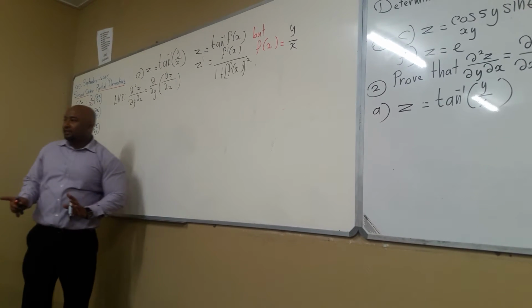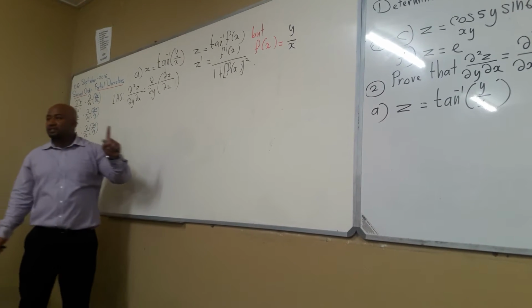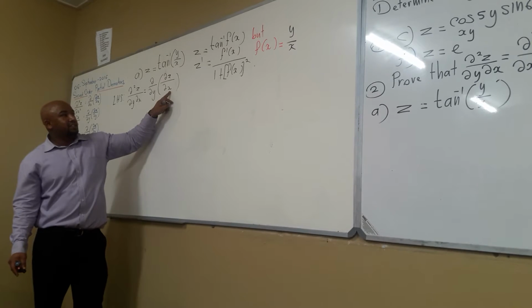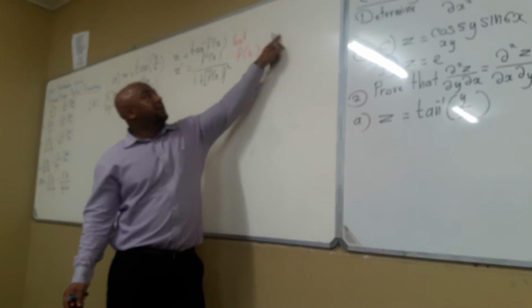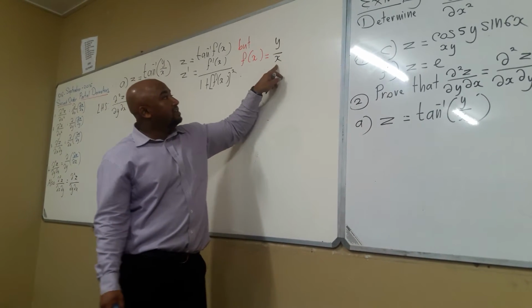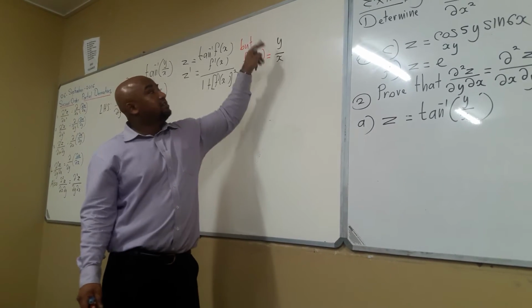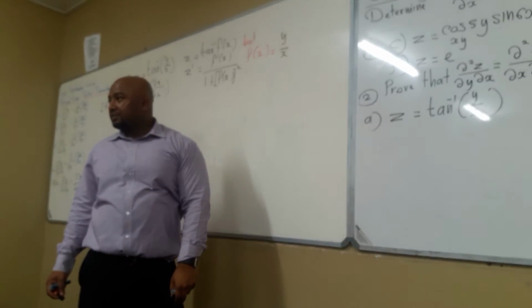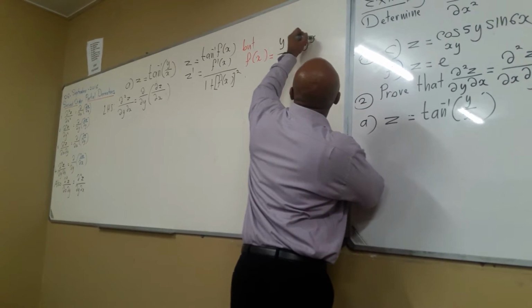So now it's clear. If I'm dealing with the left hand side, the first thing I need to do is find dz dx. So therefore I need to differentiate y over x with respect to x. So now x is in the denominator of the fraction. Do I need to use a quotient rule? No. All I have to do is take x to the top.